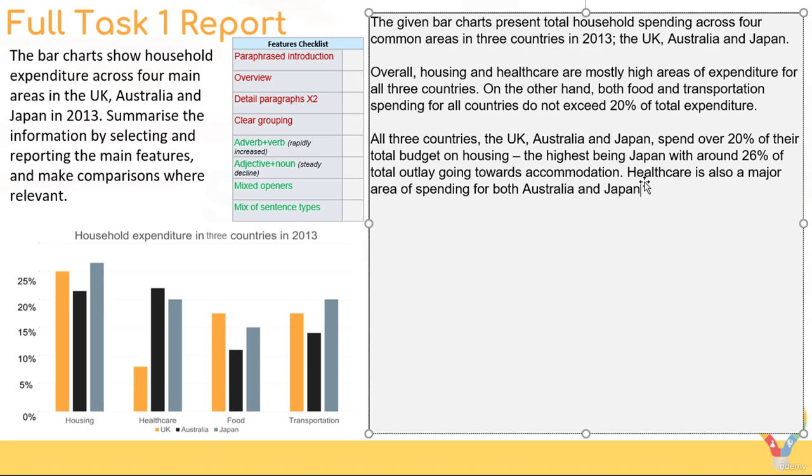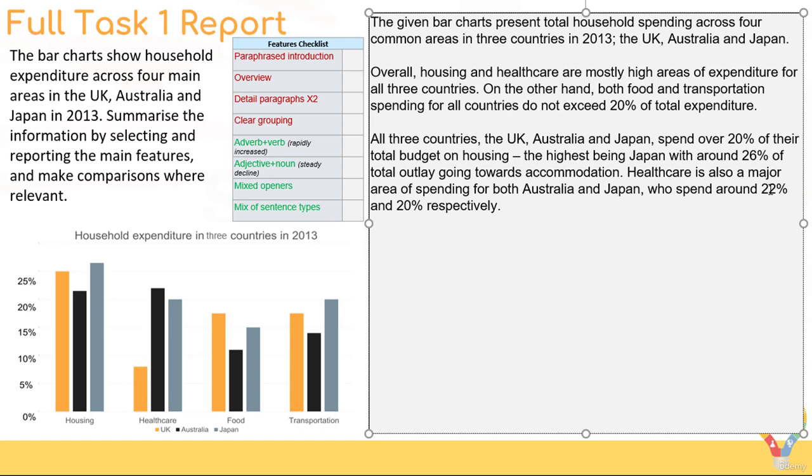and Japan, who spend, how much is Australia spending? Let's say 22, who spend around 22% and 20% respectively. Respectively is a great way to link figures to nouns, to names.